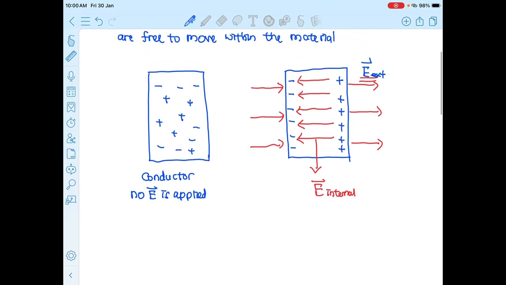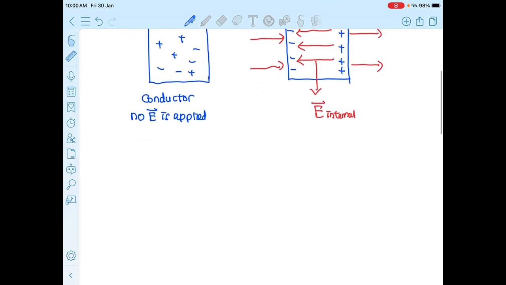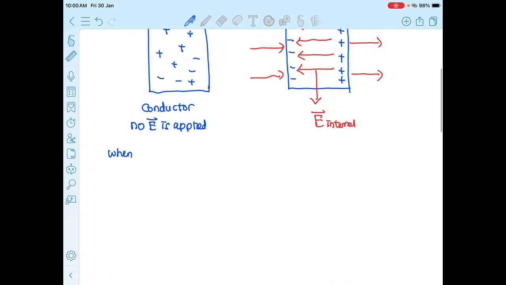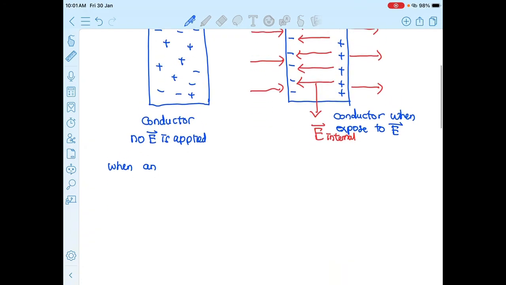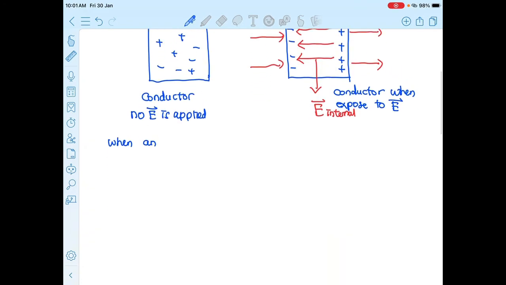This is the concept, so you can put it into words. Let me label the conductor first, exposed to electric field. This is the explanation of what I mentioned just now, so I read it in sentences.